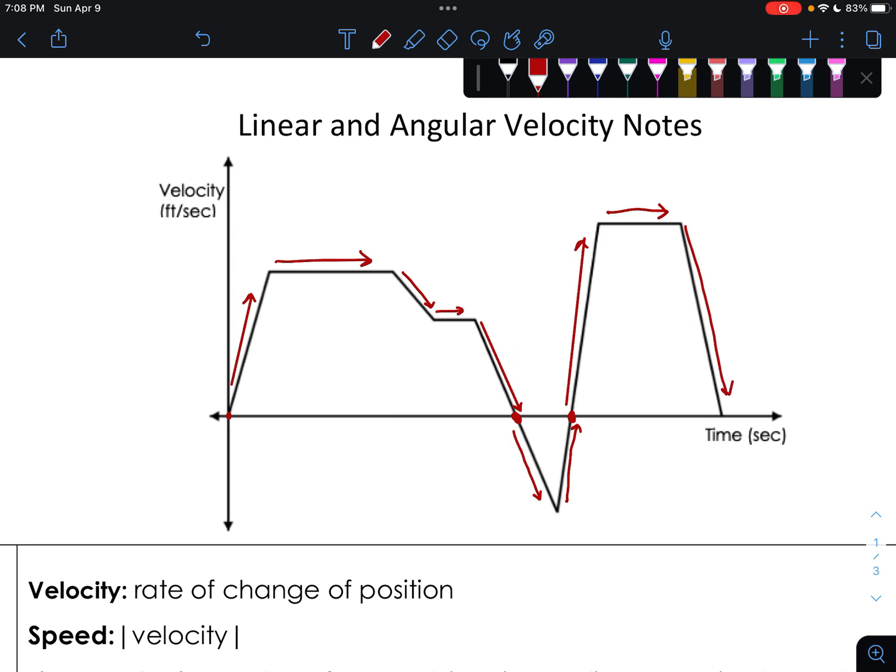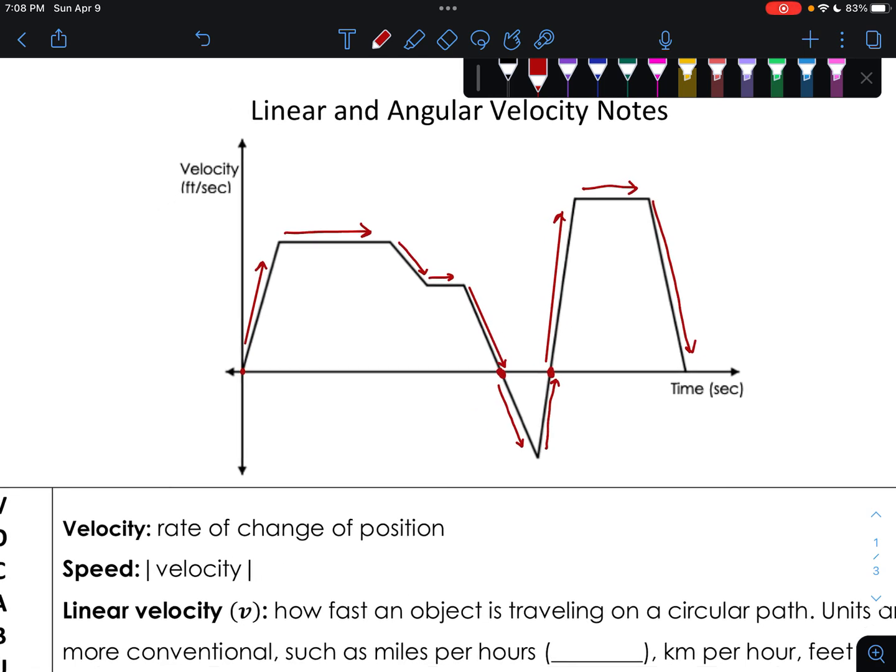So velocity is just a rate of change. You can think of it as increasing and decreasing. When our velocity is positive and the graph is increasing, that means that our speed is increasing. When our velocity is decreasing and negative, then our speed is also speeding up.